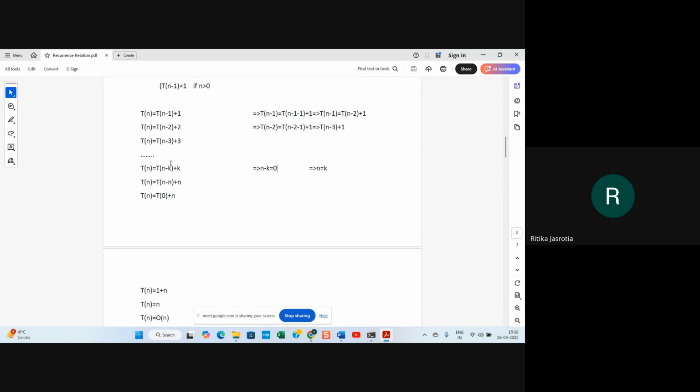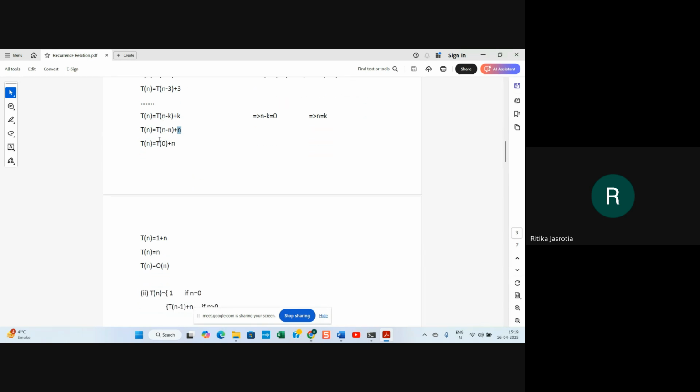So wherever there is a constant value, any constant k value, we are taking n minus k plus k, and k is equal to n. So n minus n means 0, and we apply n here only. So it will be T0 plus n, right?